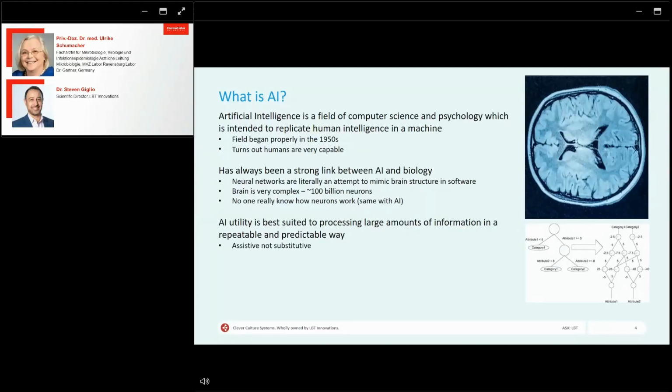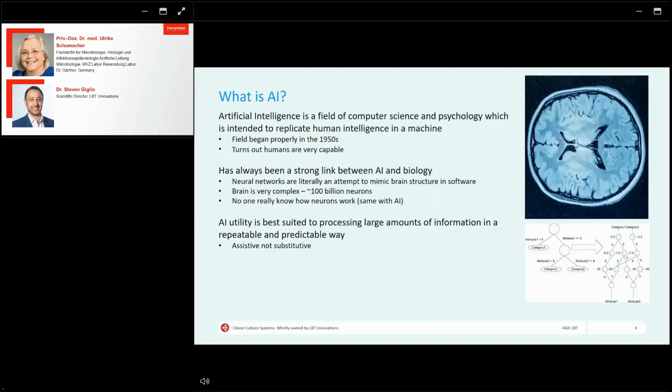But AI is really trying to mimic that. If you look at the diagram on the bottom right-hand corner, AI is looking to process large amounts of information in a way that's repeatable and predictable. There's a number of features or attributes that we look at for any specific problem. And based on probability and likelihood, there are decisions that are made based on decision trees.